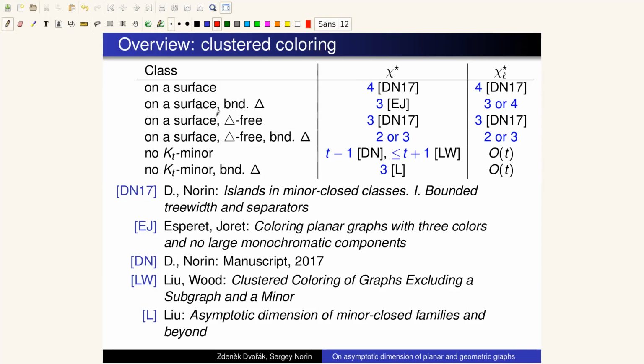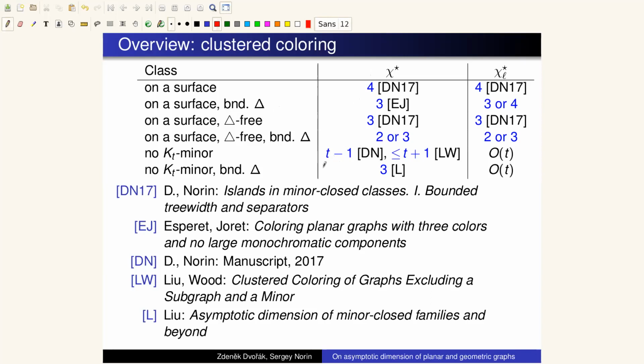And secondly, a lot of things become easier or better if you bound the maximum degree. So, for instance, in the case of graphs drawn in the surface, you in general need 4 colors, but if you bound the maximum degree, 3 colors are enough.